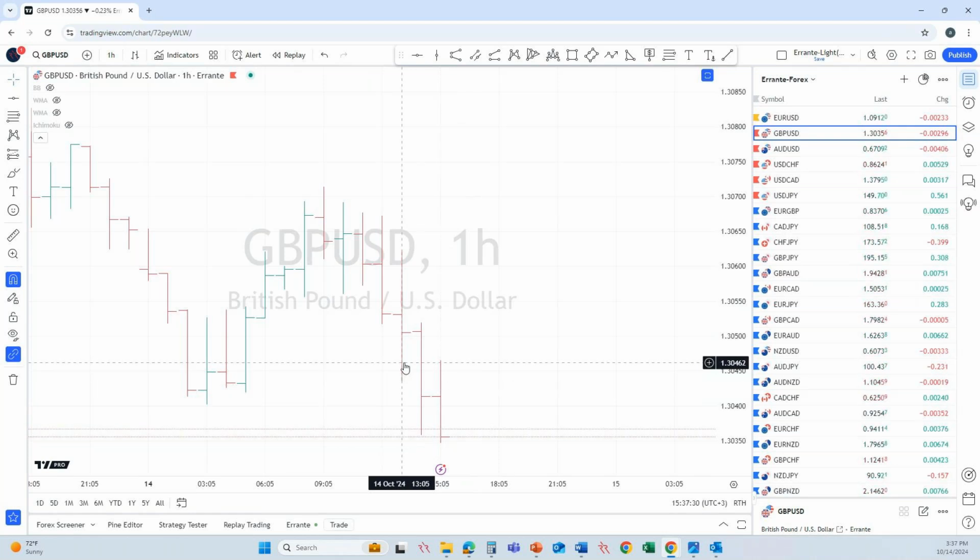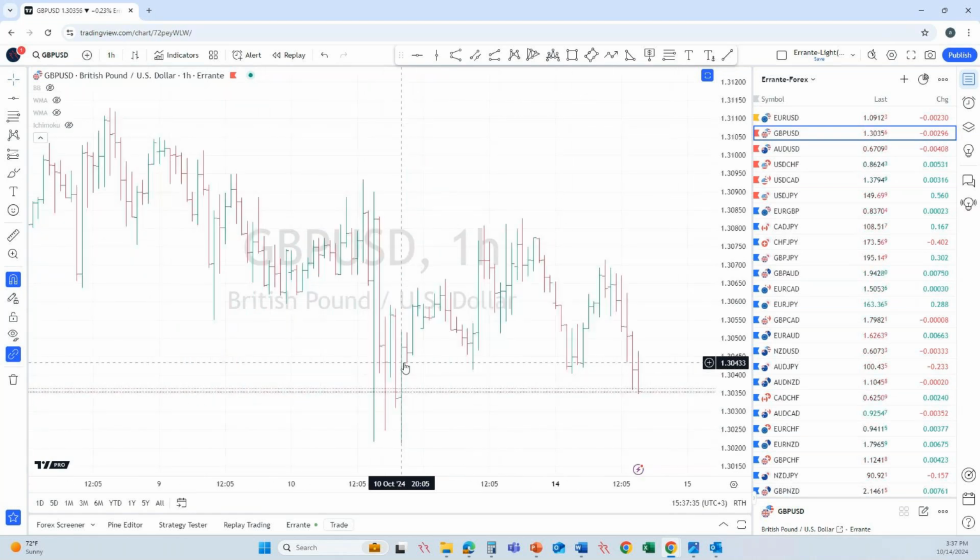Okay, so how can we define market direction and key reversals using bar charts, which is very important. Just like candlestick charts, bar charts are useful for identifying market direction by looking at the series of bars. If the bars are making higher highs and higher lows, it typically indicates an uptrend.